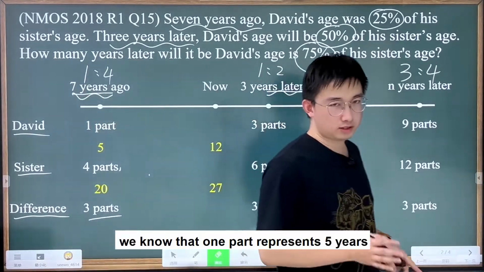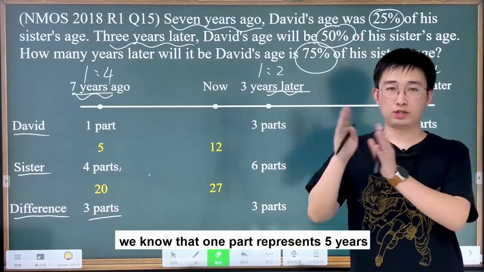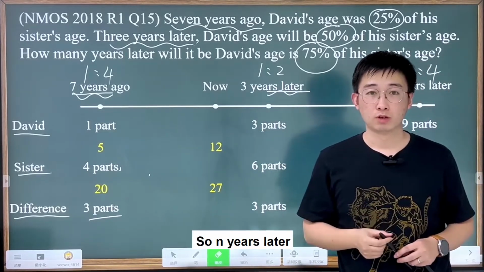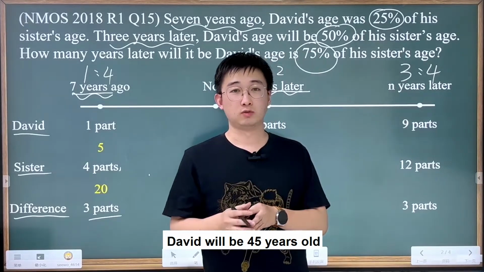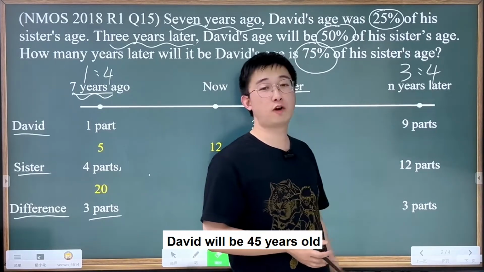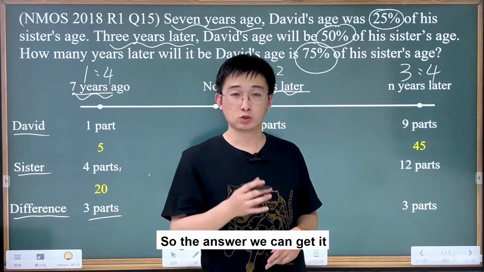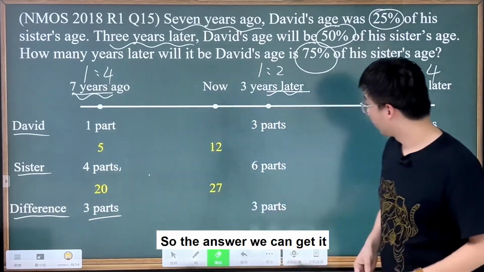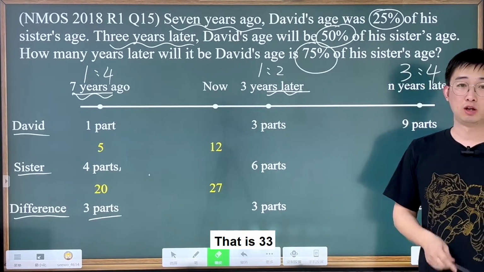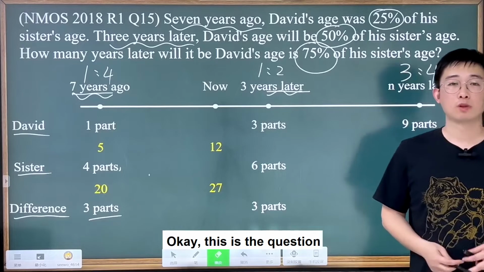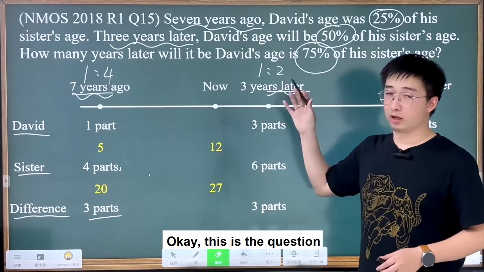Okay, we know that 1 part represents 5 years. So, n years later, David will be 45 years old. So the answer, we can get it. 45 minus 12, that is 33 years. Okay, this is a question.